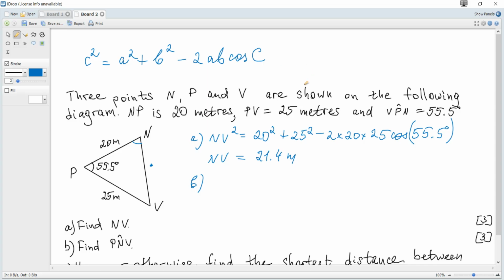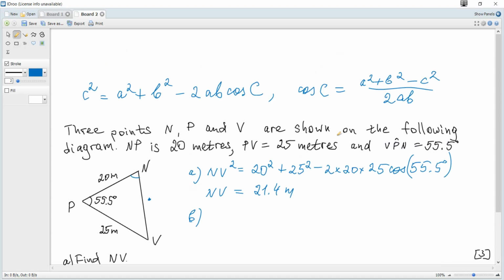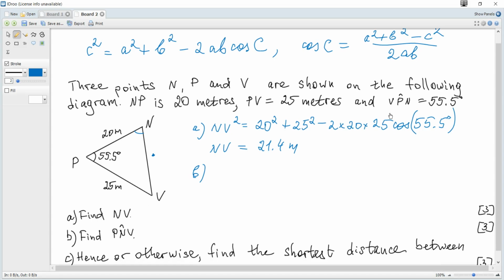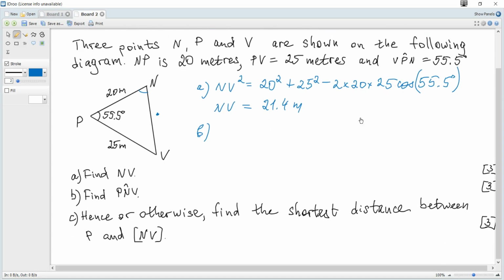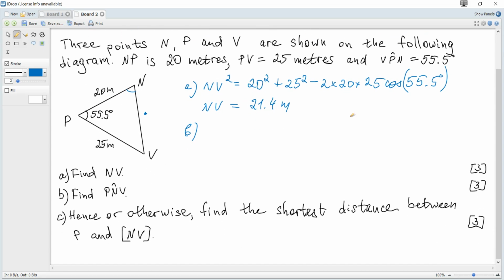It is given in a data booklet that cosine of C is equal to A squared plus B squared minus C squared over 2 times AB, and notice that this angle and this side are opposite. If you use cosine rule, you get the answer directly. But you can also use a sine rule.